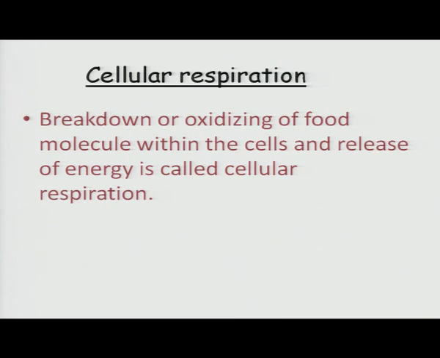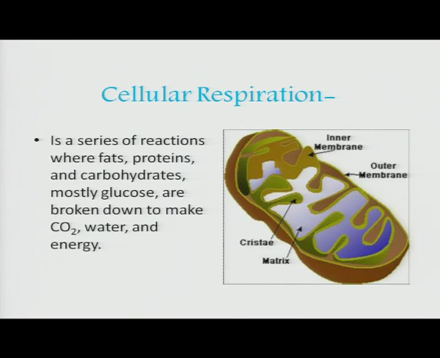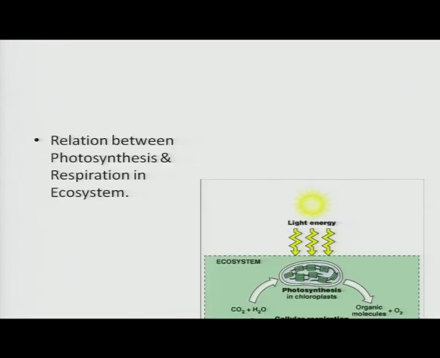It is the breakdown of organic food material, which is the product of photosynthesis, like carbohydrate or glucose, within the cell, and the release of energy. This is called cellular respiration. It is a slow, enzymatic process that gives rise to carbon dioxide, water and ATP.